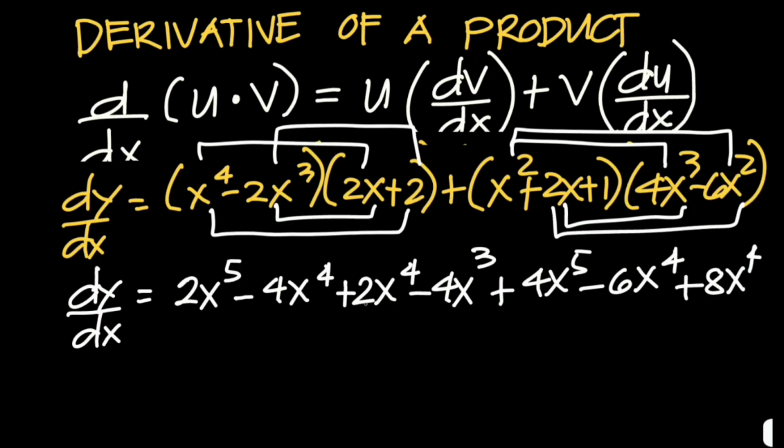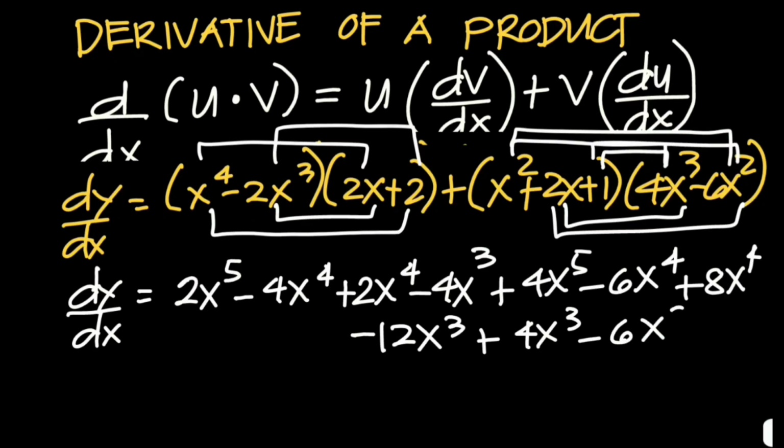Then 2x times negative 6x squared is negative 12x cubed. Then 1 times 4x cubed is plus 4x cubed. And 1 times negative 6x squared is minus 6x squared.